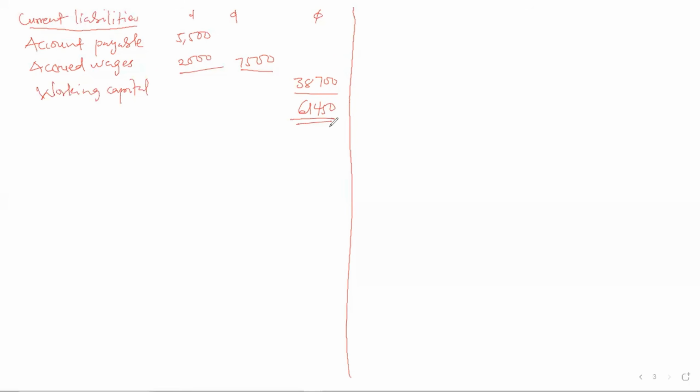Assets minus liabilities. Then we come to finance by. So finance by, we have capital. So with the capital, we bring the capital that we prepared in the statement of affairs at the beginning of the accounting period.